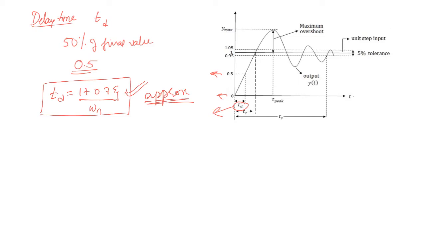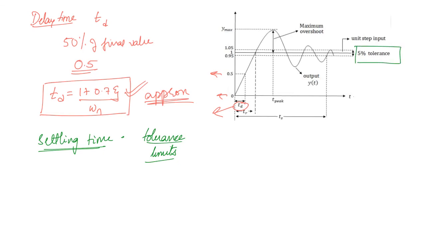Next we have settling time. Settling time is the time required for the output to reach and stay within specified tolerance limits. For example, in the diagram that we have taken a 5% tolerance, and this is the settling time TS.